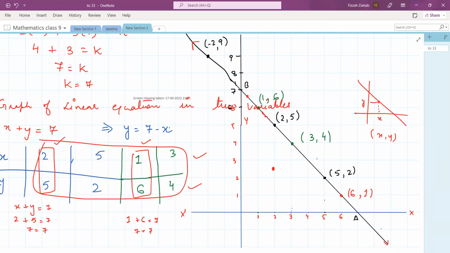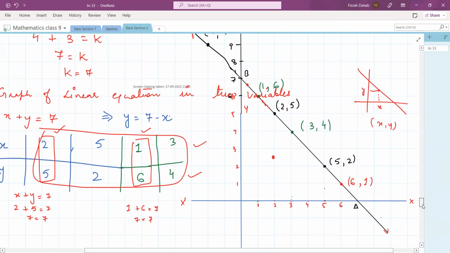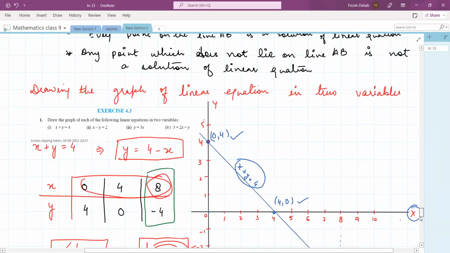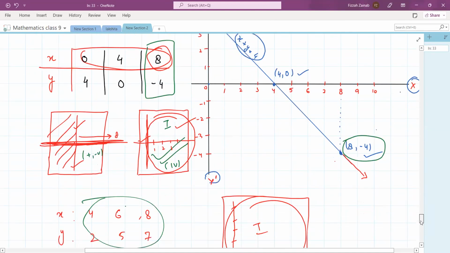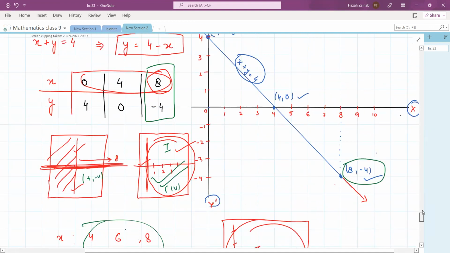Ma'am, it was going in a straight line. But every line is straight here, isn't it? Yes, ma'am. If I have drawn this line like this, you can extend it as you wish, whatever space you have available. There's no problem. So I cannot say downward and upward. There is a very clear difference.